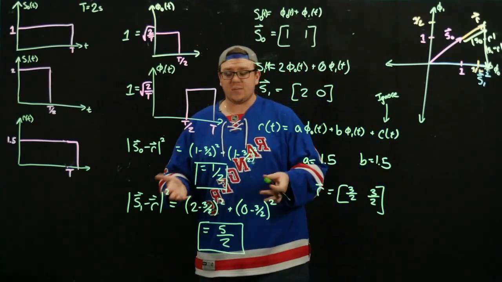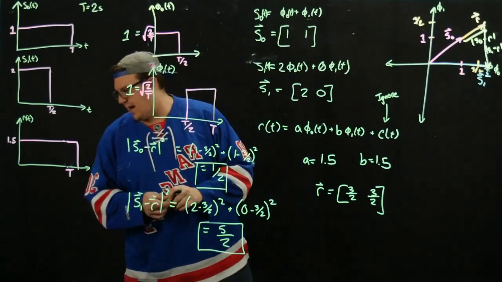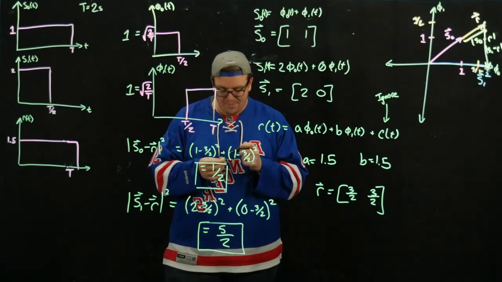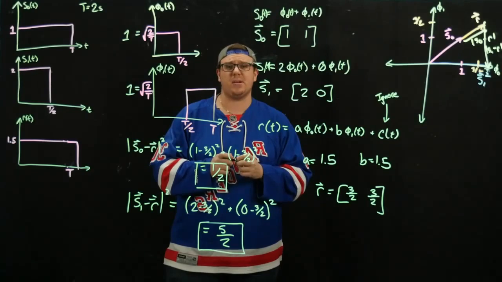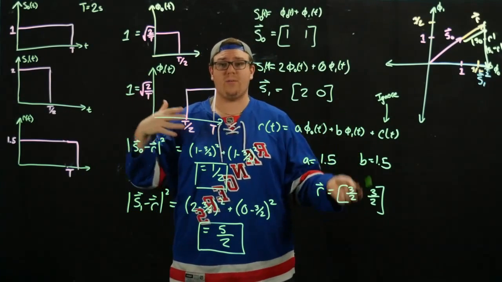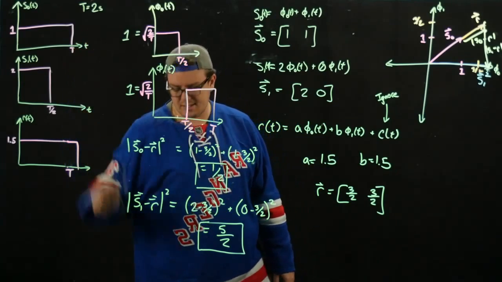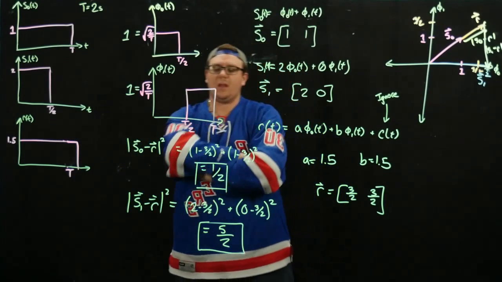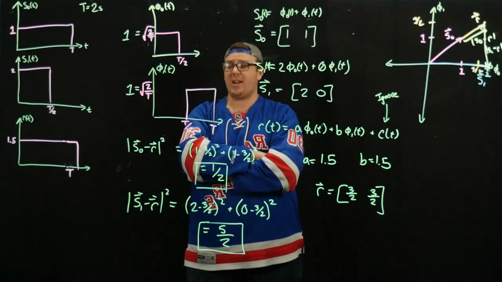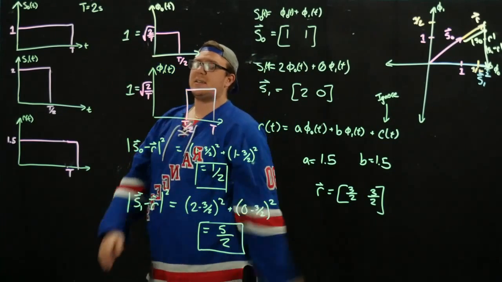So at this point, we use what's called a minimum distance decision, or a MAP decision, which is maximum a posteriori. So that's knowing that we sent these with the prior probabilities that we sent these, that they are even. So we know that we're equally likely to send either one of these.